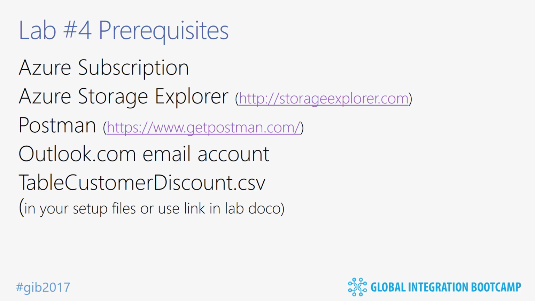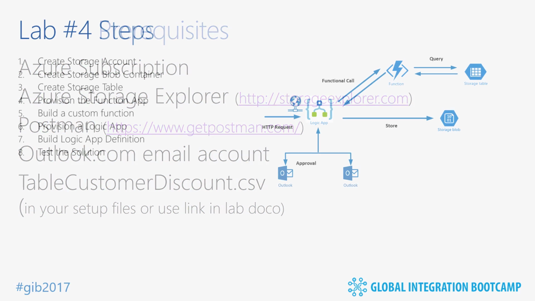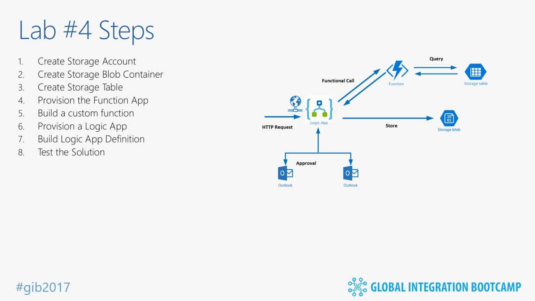One of the artifacts that you'll need, again, that's in that folder, is a CSV file. This is the customer data that you're going to use to import into an Azure storage table. So effectively what you're going to do in this lab is create a service that receives orders from a Service Bus topic. Or if you don't want to use the Service Bus, if you didn't finish that last lab, you can also invoke it manually.